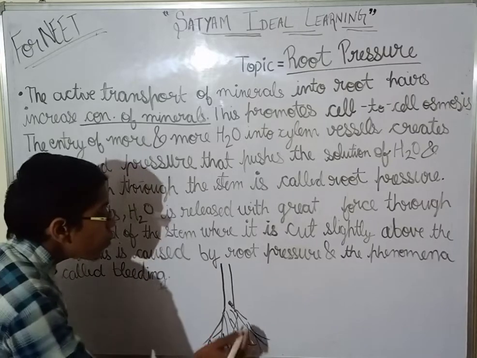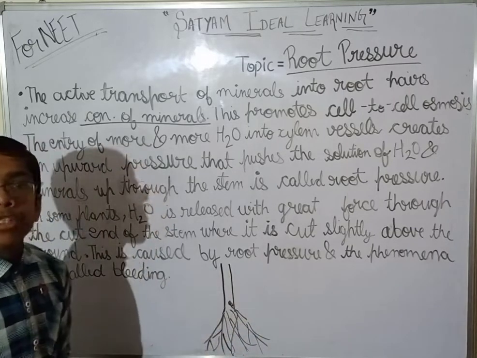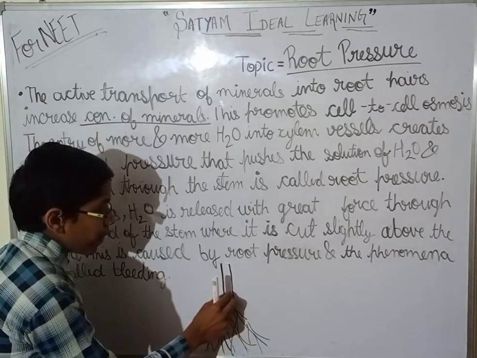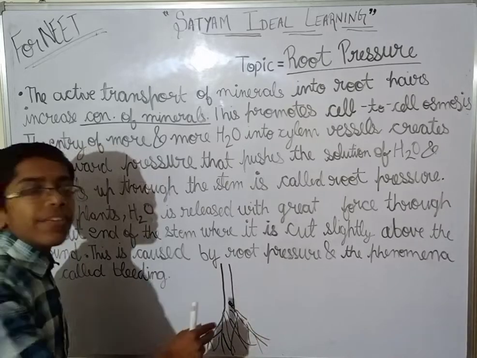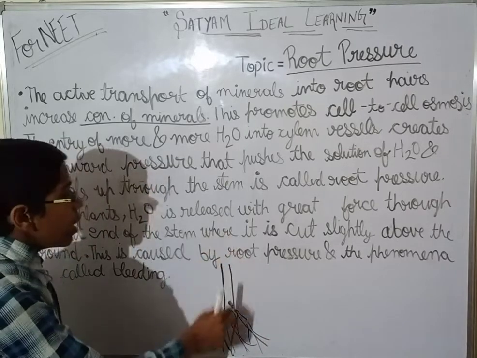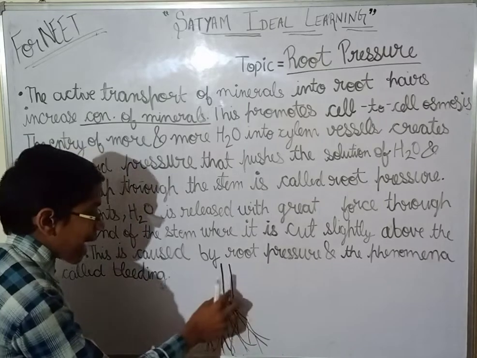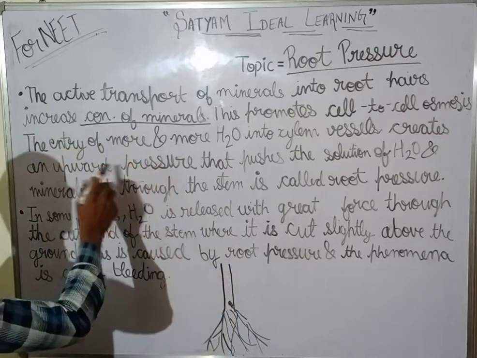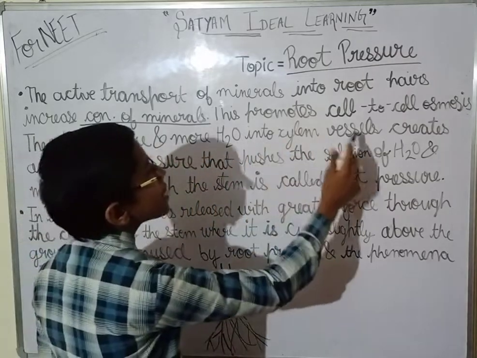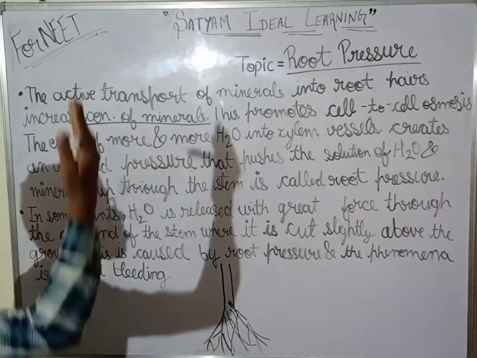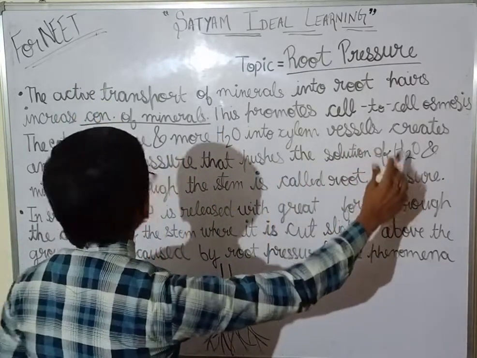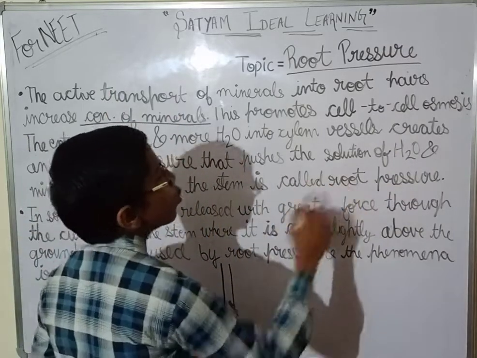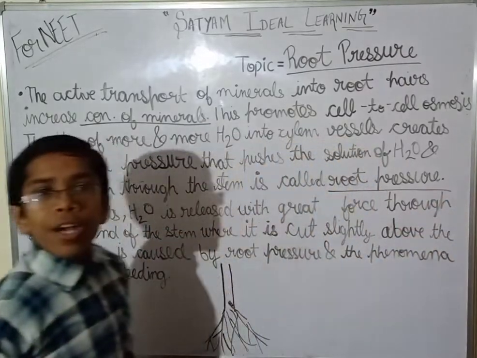Now when more and more water comes here, it has to go up. When more and more water is collected over here, the water will rise slowly upward. The entry of more and more H2O in xylem vessels creates an upward pressure that pushes the solution of H2O and minerals up through the stem, and that is called root pressure. Getting my point?